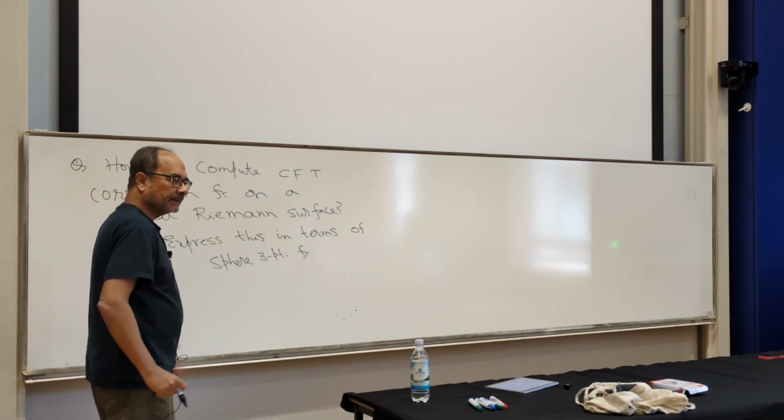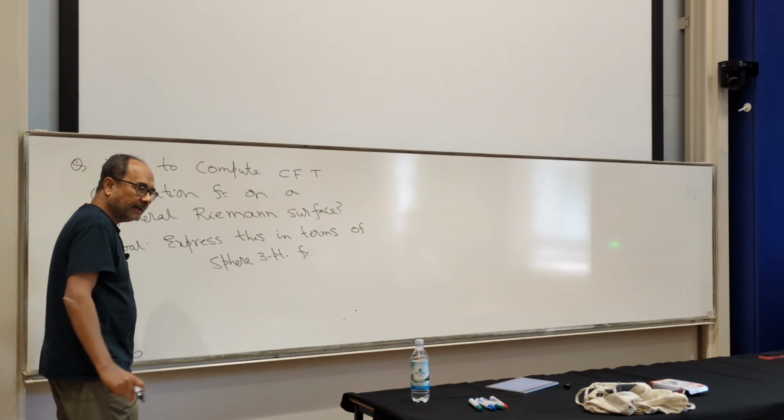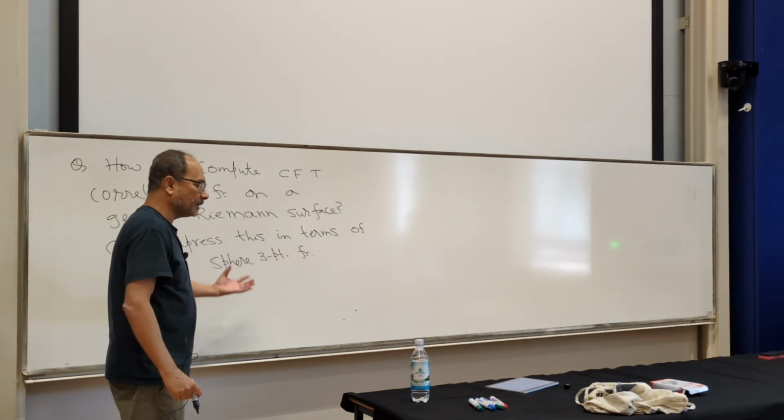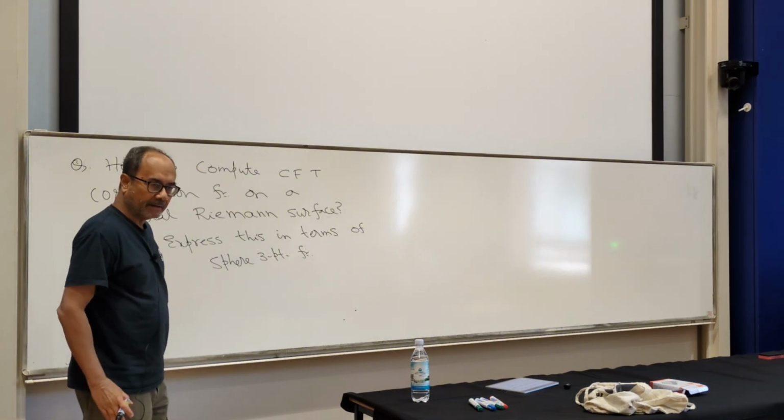And the sphere 3-point functions are of course the defining data for a CFT. So if you can express a correlation function on a general Riemann surface in terms of the sphere 3-point function, then you have a definition.